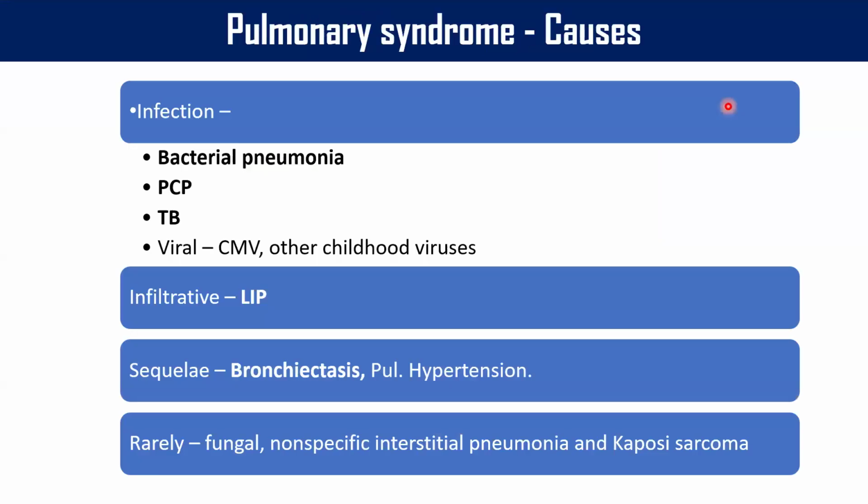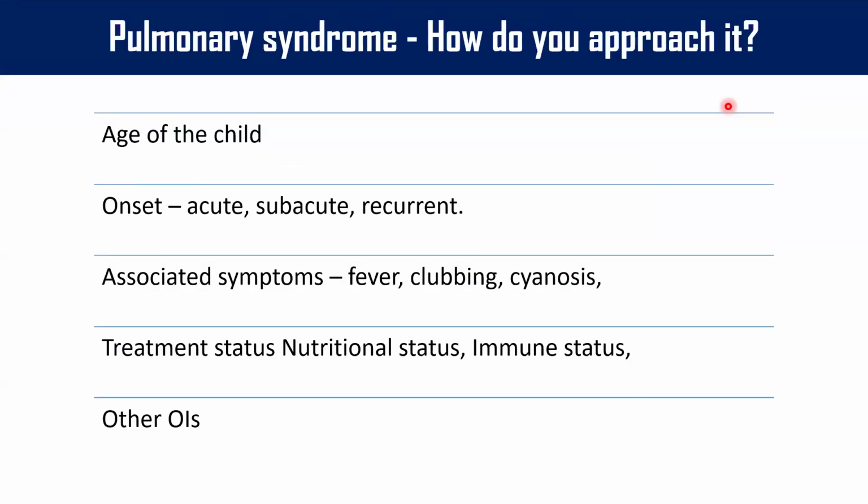The infections which are common with pulmonary syndrome are bacterial pneumonia, PCP pneumonia, tuberculosis, and some viral agents like CMV and other childhood viruses, like RSV and H1N1 now. Infiltrative disorders like LIP, sequelae of previous illness like bronchiectasis, pulmonary hypertension, rarely fungal infections, non-specific interstitial pneumonias, and some sarcomas.